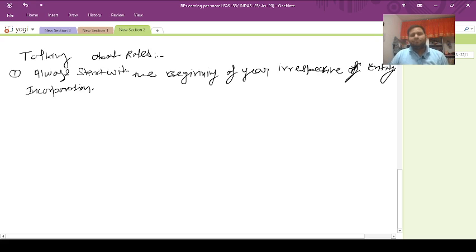It means that if we have an accounting year, let's say from January to December or maybe from April to March, your company may be incorporated, started its business, or infused its capital for the first time by raising equity shares, maybe in the month of June. If you have a financial year from April to March, it means you started your business after 3 months of your financial year.